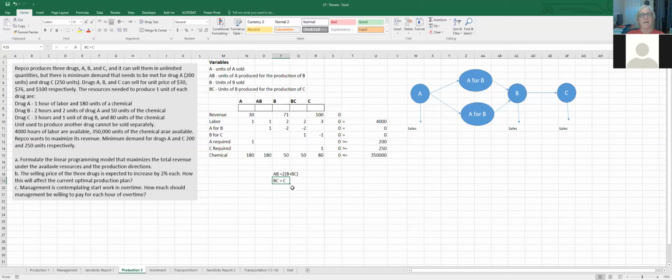You didn't see them. I produced them here. For this constraint, I have AB, and then I move 2 times B plus BC to the left-hand side so that everything can be calculated with some product. So I wrote it as follows: AB minus 2 times B minus 2 times BC.